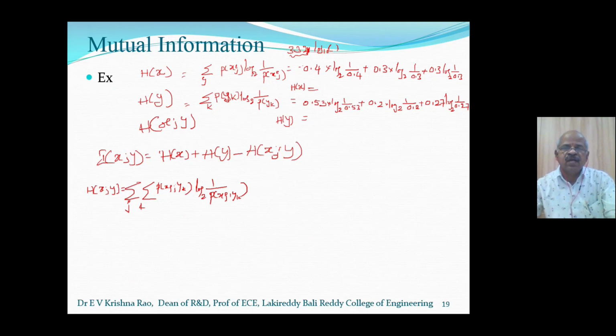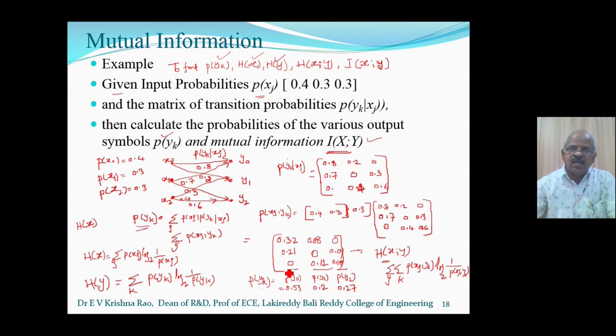All 9 elements of the joint probability are there.